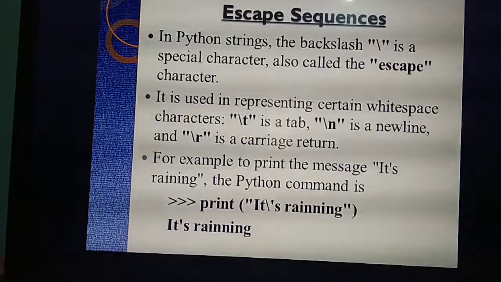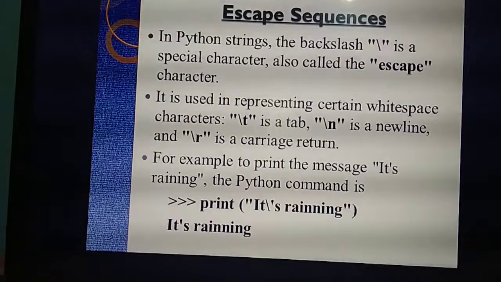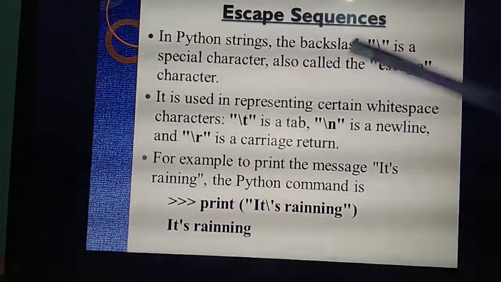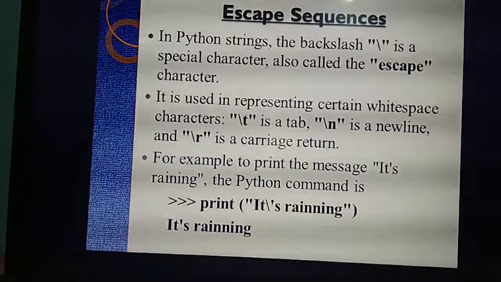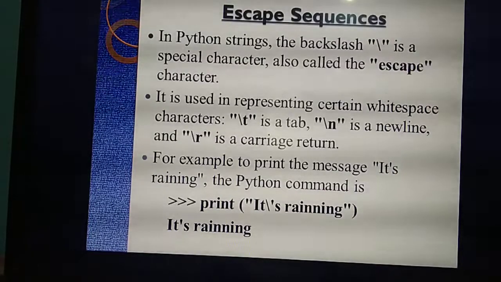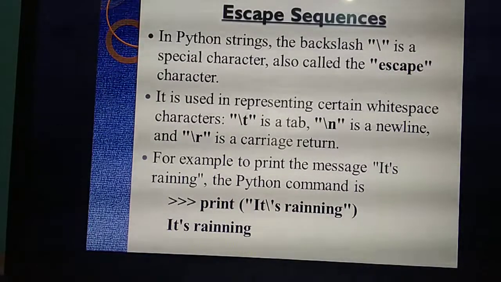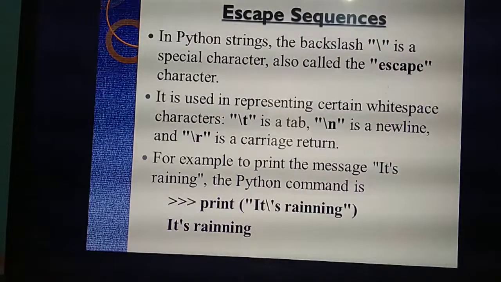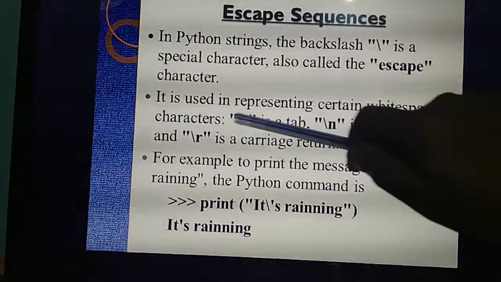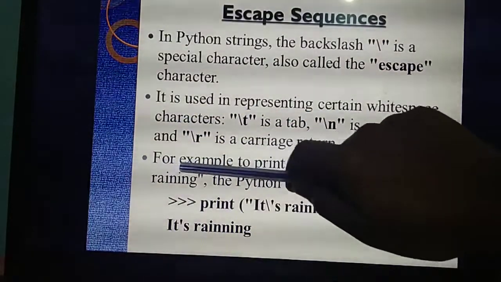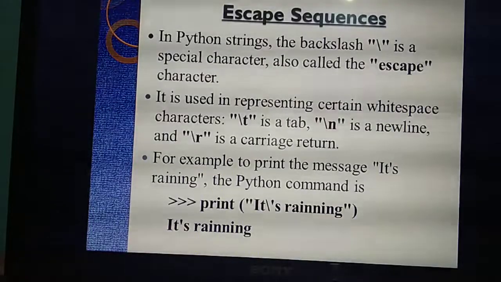White space means space between two letters. For example, in between there is a space, no? Likewise, in between that white space, you are representing using these symbols. Mainly it is used to represent some space, that means in between two characters, you are going to give some space.